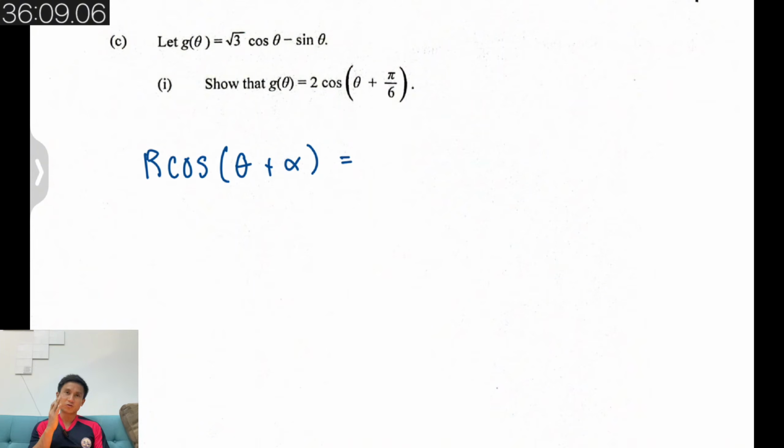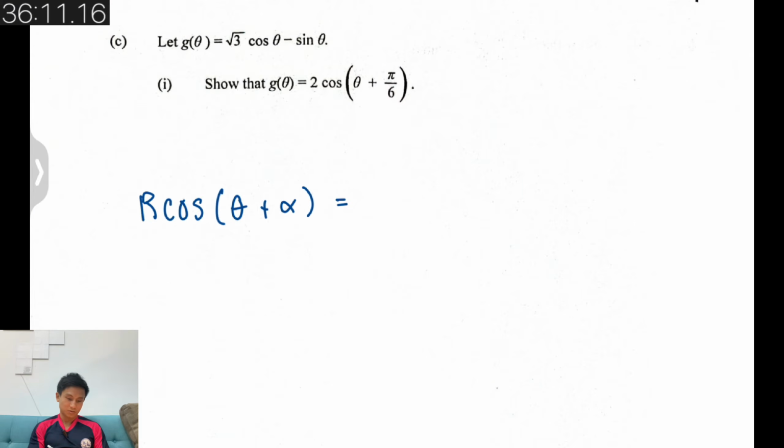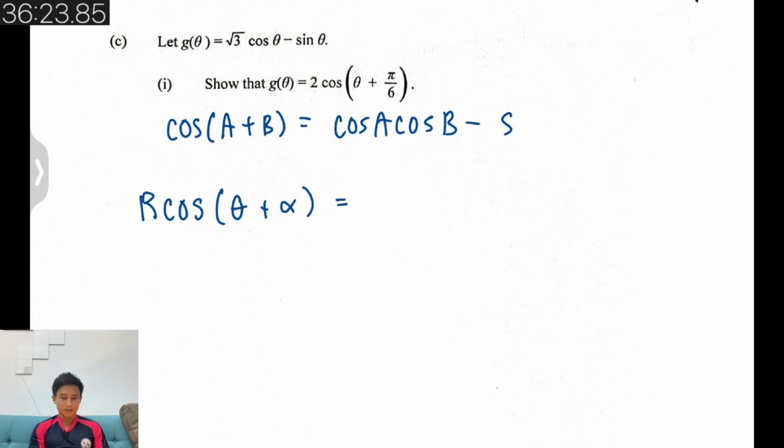And then if you use the addition formula, wait, hang on. The addition formula of cos A plus B is going to be cos A cos B minus sine A sine B.